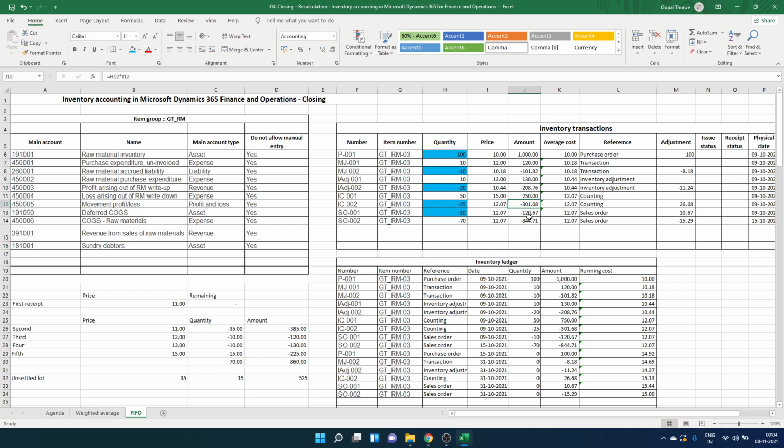In FIFO, LIFO and LIFO date inventory valuation methods, even if your transaction is not physically updated, the adjustment happens on those transactions. Not settlements, but cost adjustment happens.